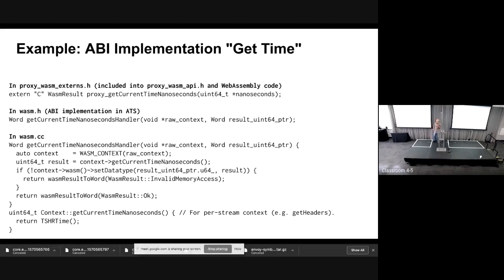So the context, again, is whatever bits of information relate to this particular request that invoked this call. So it would be the state machine, the request structures, etc. And then finally, the context actually implements, in this case, with TS HR time. That's basically how you add a new ABI function.